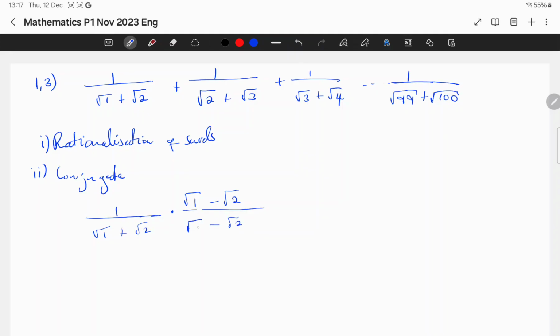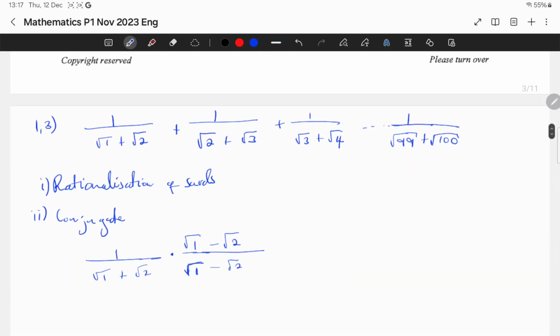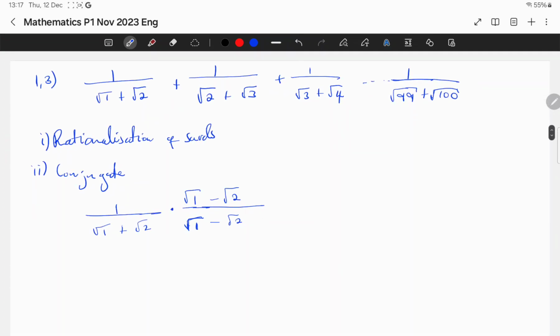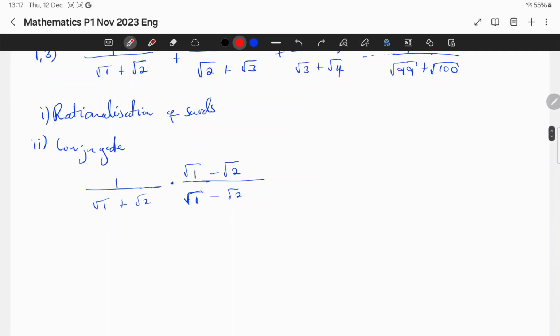By multiplying this by root 1 minus root 2 over root 1 minus root 2, we're multiplying by 1, because what is this thing alone? This thing alone is just 1, and multiplying anything by 1 does not change the thing, it's still the same thing. So we're not changing this expression, we're just simplifying it.